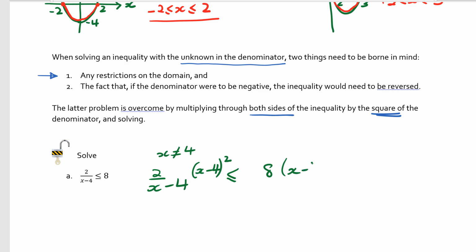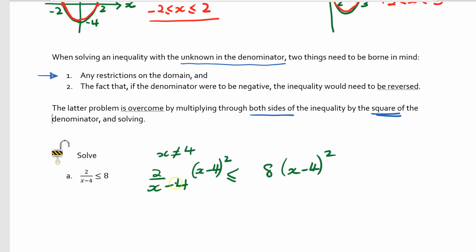So you might wonder why we would do that. And the reason is simply that if I multiply by the square, I know that that's going to be a positive quantity. Anything squared has to be positive. So by multiplying both sides by a square, that means I'm multiplying both sides by a positive. So I don't have to worry about the inequality.